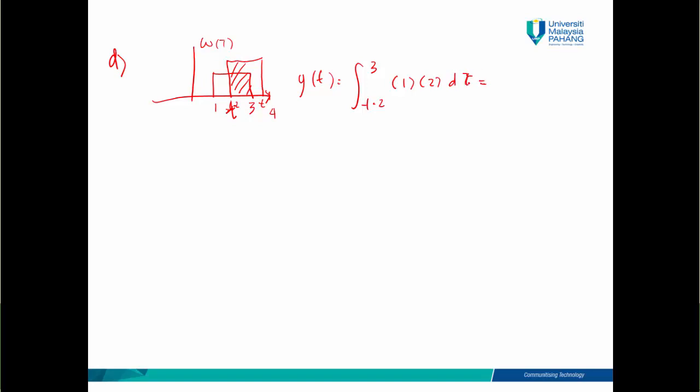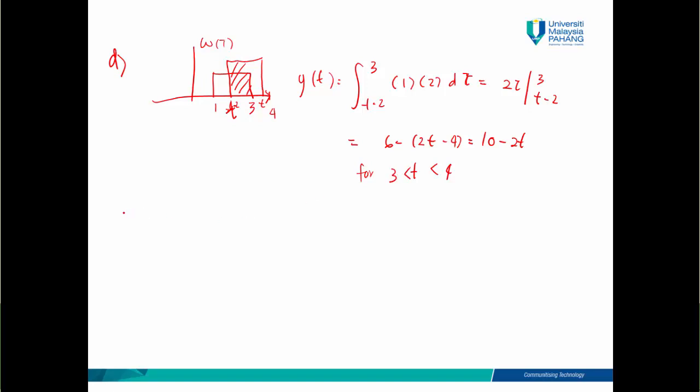Solving this equation, we get 2 tau from t minus 2 to 3. And finally, we get y(t) equals 6 minus 2t minus 4, which equals 10 minus 2t, for t in between 3 and 4.